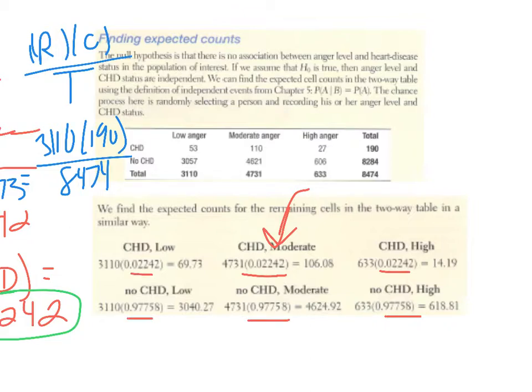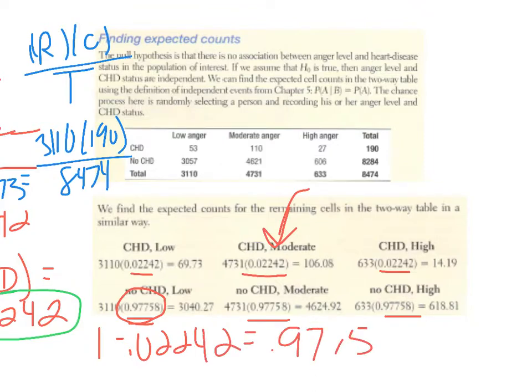Then we get our no coronary heart disease expecteds by taking 1 minus 0.02242, and that gives us the 0.97758 probability that they're using here for no coronary heart disease. So that's how we'd find our expecteds to be able to do our chi-square calculations, because again, it's going to be the same, observed minus expected.